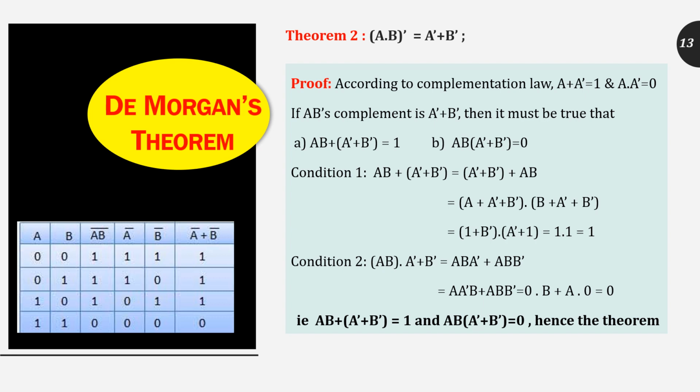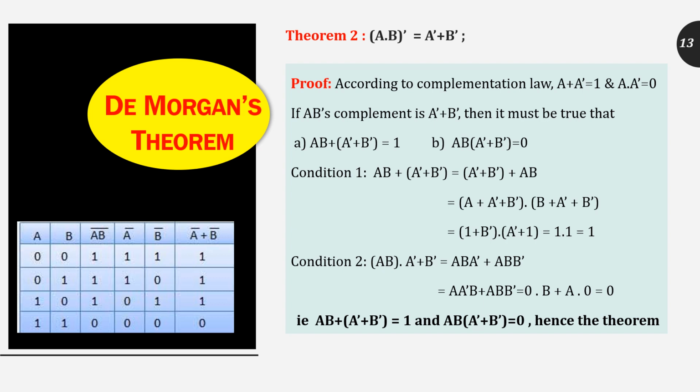First we need to find out the value for (A·B) the whole bar, for different combinations of A and B. Then find out the values for A bar, B bar, then A bar plus B bar. Then check the column values for (A·B) the whole bar and A bar plus B bar. If both the column values are same, then we can say that we proved the theorem with the help of this truth table.